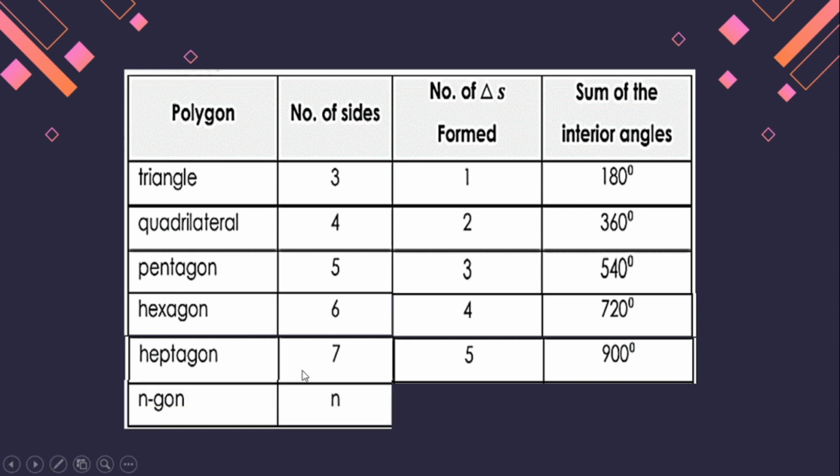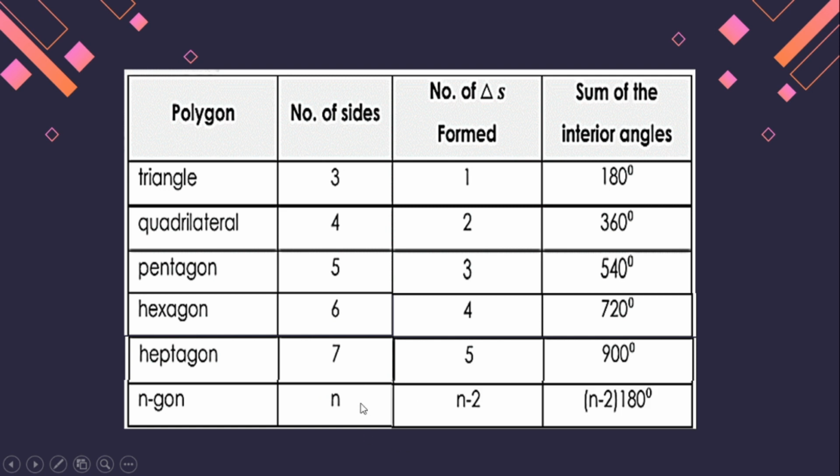The next, so, paano naman pag mga iba pang polygon natin? So, ibig sabihin, yung n natin, number of sides, kung ilan man yung side, para malaman mo kung ilan yung number of triangles, isa-subtract mo lang yung 2 from the number of sides or n minus 2 where n is our number of sides. And then kapag nakuha nyo yan, just multiply 180 degrees para makuha nyo yung sum of the interior angles.